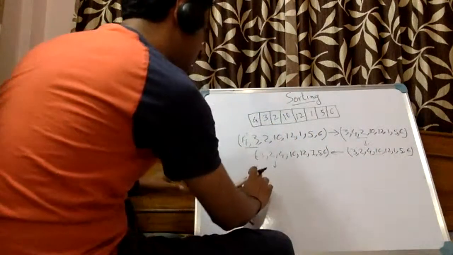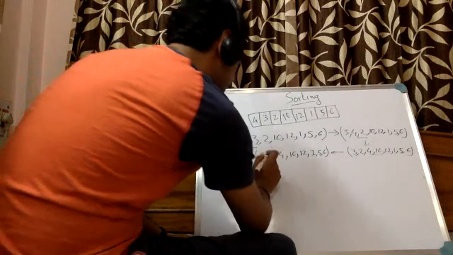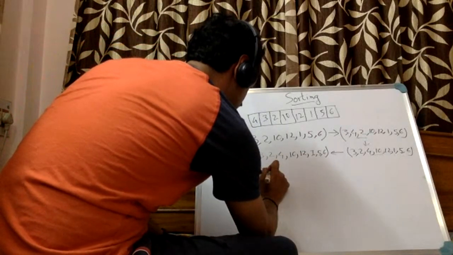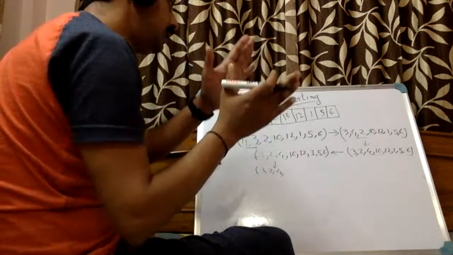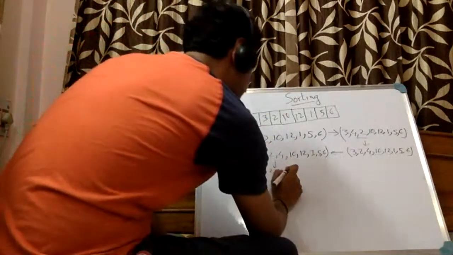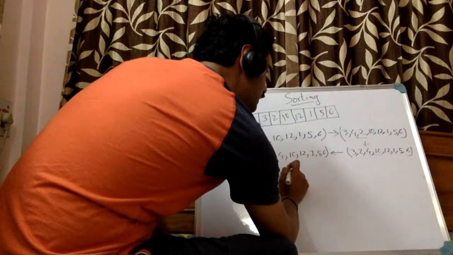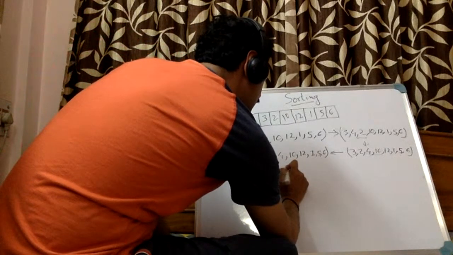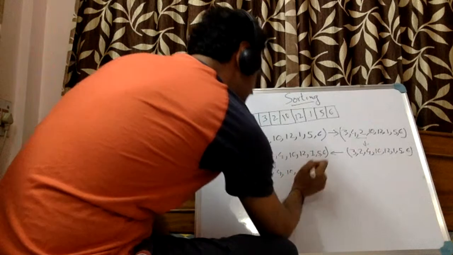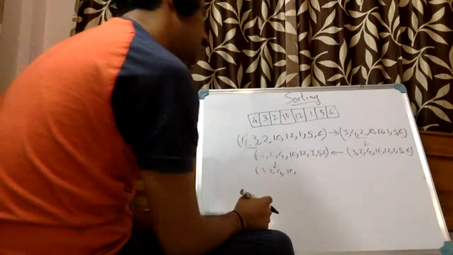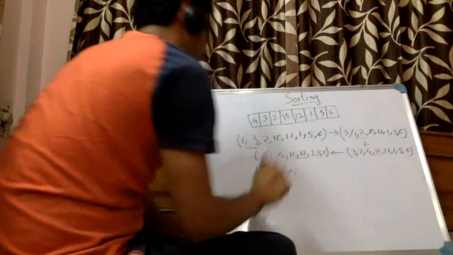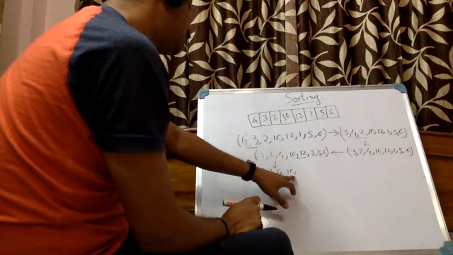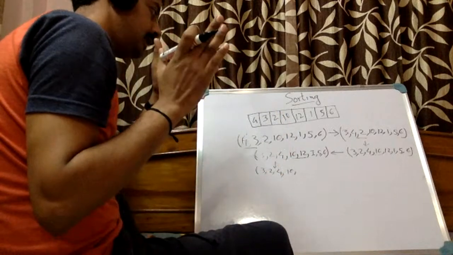So I have to do it for the already sorted numbers there: 3, 2, 4, where I already swapped between two numbers, right? And then here I have to do this right now: 3, 2, 4, 10, 12. Again, if you compare, okay.